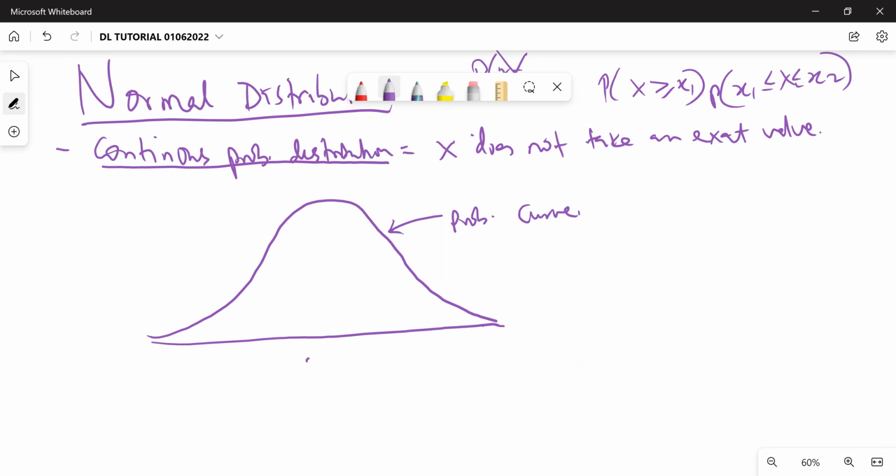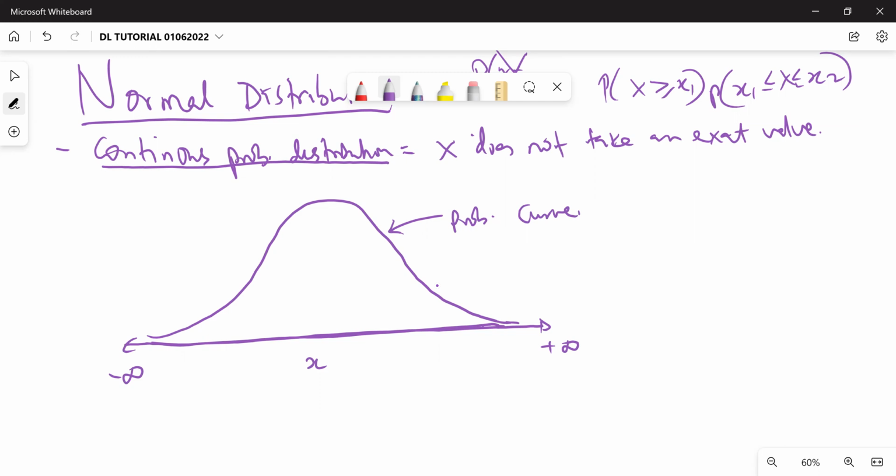Then here, these are the values of X. And it happens that the values of X go all the way from minus infinity to positive infinity. In other words, X can take any value from minus infinity to positive infinity.